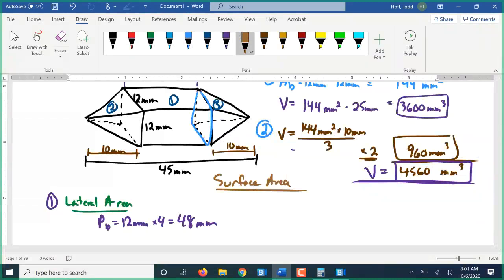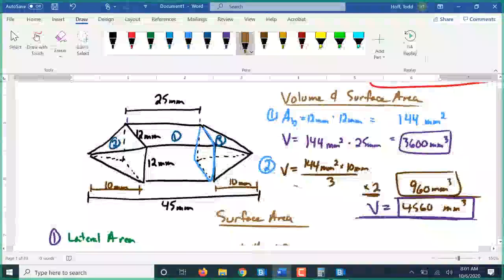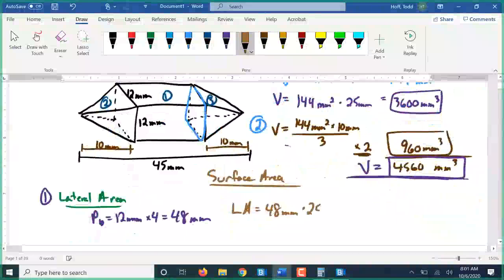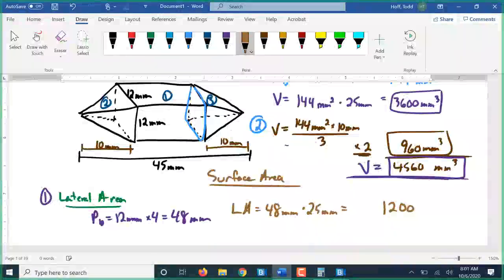So that lateral area is 48 millimeters times that 25 millimeters of height, which is going to give us 1,200 millimeters squared. That's all of the area that's contributed from the box portion.